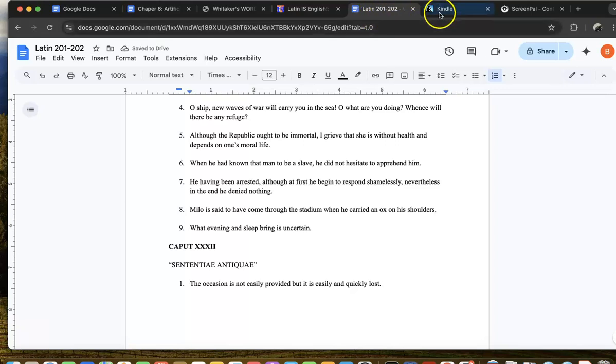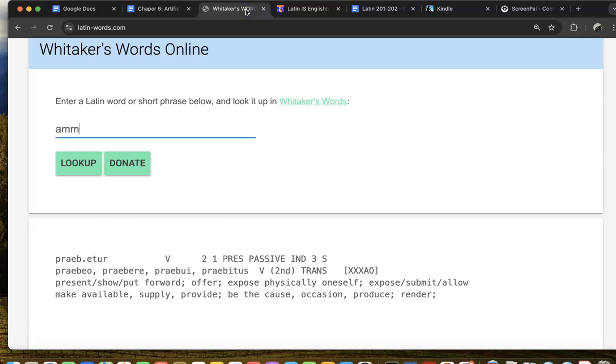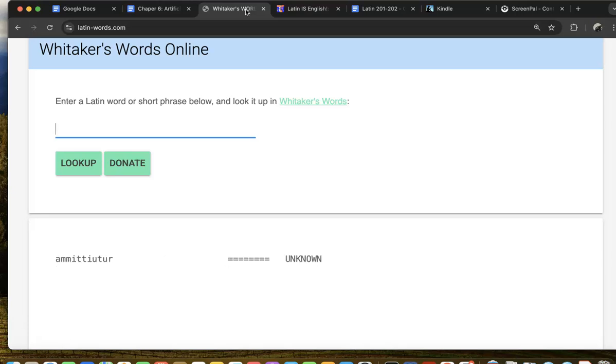Amittitur literally means sent away. So amittitur, sent away. So if we look this up, let's see, how do you spell this here? Okay. Nope.